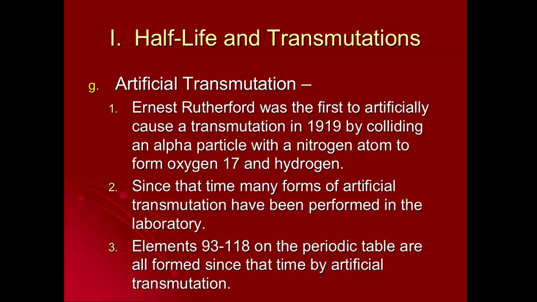So elements 93 through 118 on the periodic table are all formed since that time by artificial transmutation. And many of them are named after the reactors where they accelerated them and collided them to form the new particles in some way or another. There's Californium because there's one located in California, things like that.